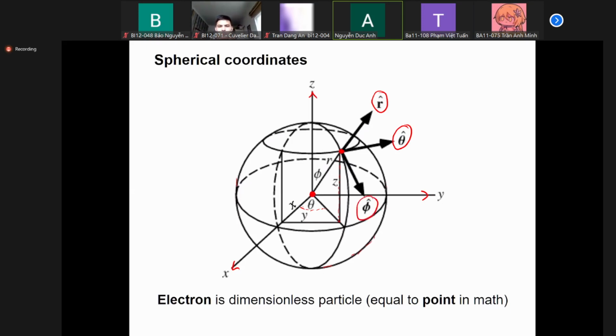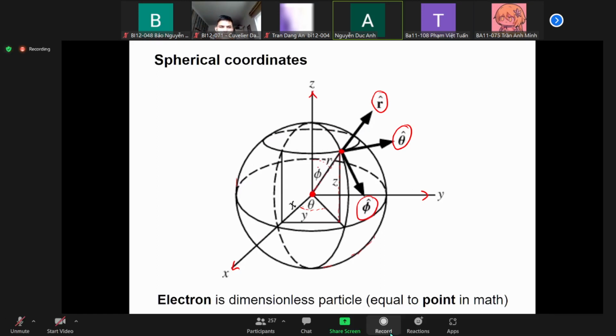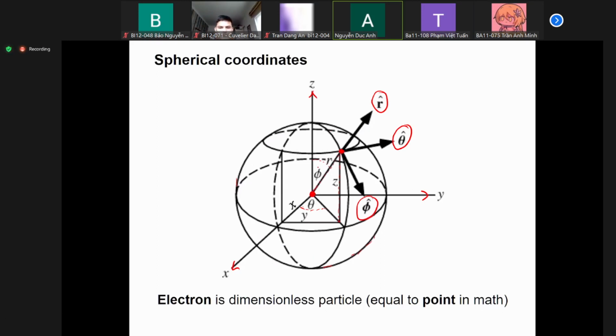Okay, so this one explains a similar thing: the angle between the z-axis and the radius vector. It's okay.